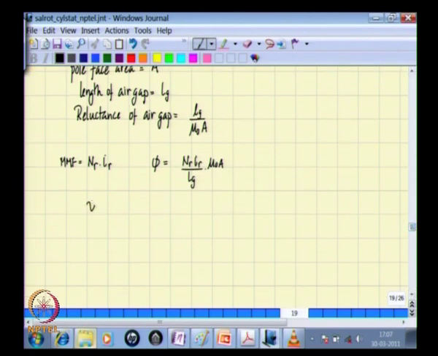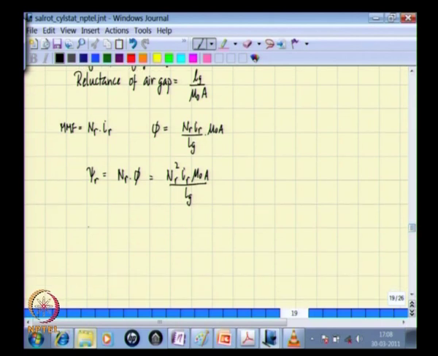And what is the flux linkage psi r? Psi r is nothing but number of rotor turns multiplied by the flux, and therefore that is Nr square multiplied by Ir into mu naught into A by Lg.